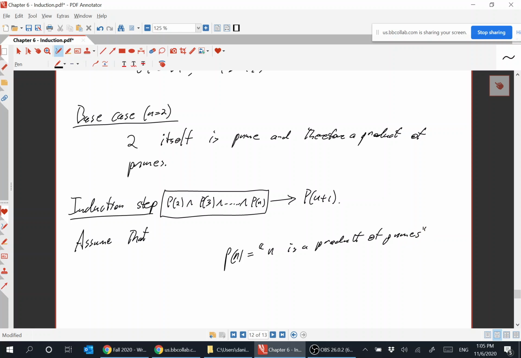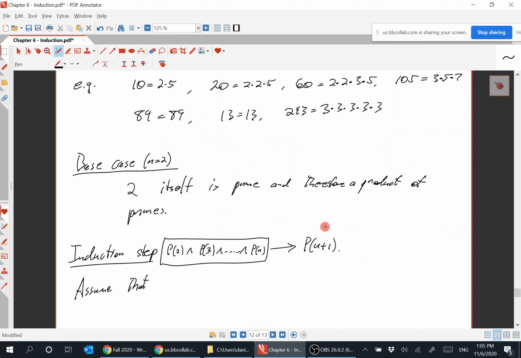That's what Pn is in this case. So let me write it over here. Product of primes.